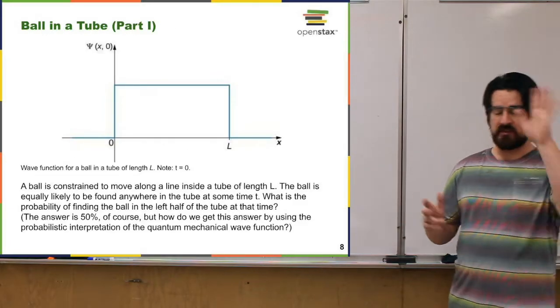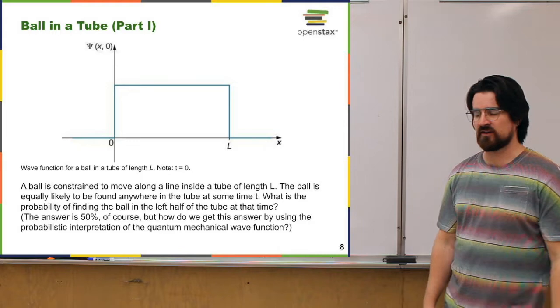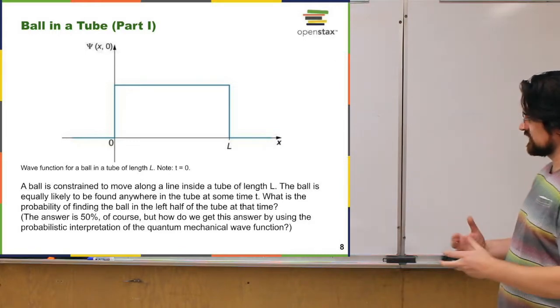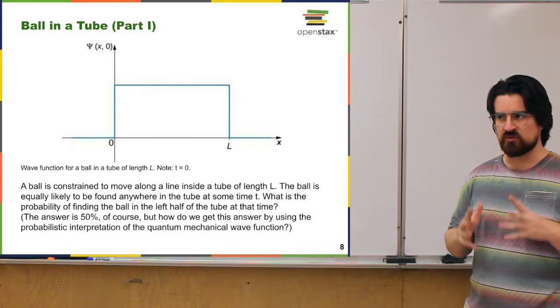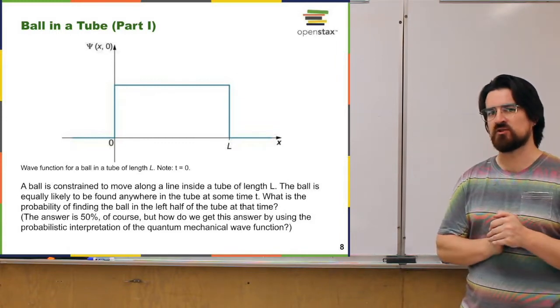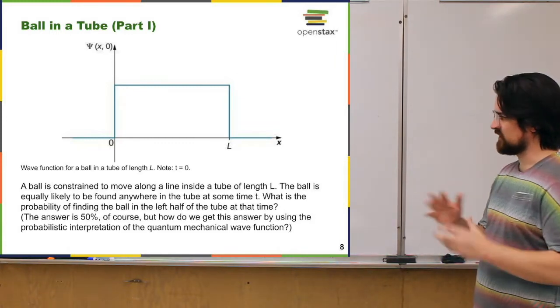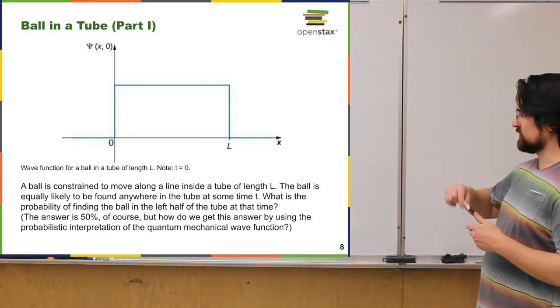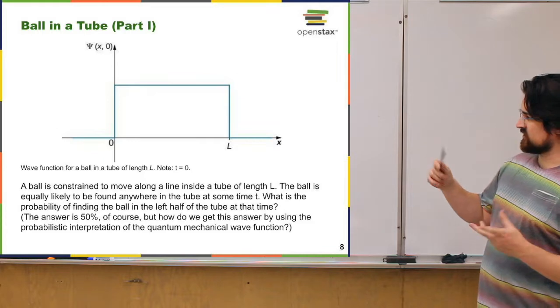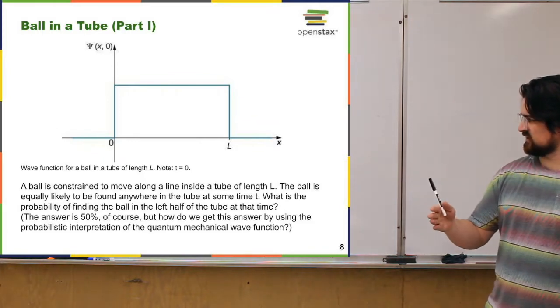Okay, so that's probably kind of confusing already. It doesn't make much sense. So we're going to look at an example with one of the simplest kinds of wave functions you could imagine, and see if we can't make a little more sense of what we're talking about here. In this example, you have, say, a ball contained in a tube.